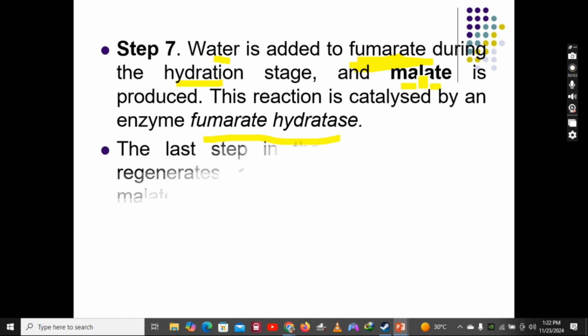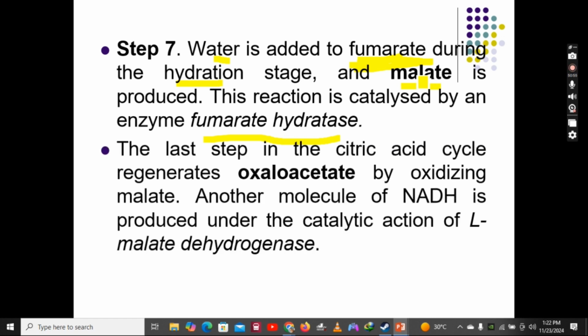Okay, so we go on now and look at the last stage. Like I said, this process is a closed loop process. Our end product, which is malate, is going to be oxidized again, and what is regenerated is the oxaloacetate. The oxaloacetate was the first thing that we were looking at.